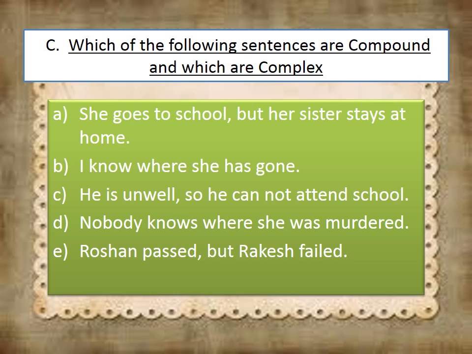This sentence also consists of two clauses: I know, and the second clause is where she has gone. I know is an independent clause and where she has gone is a dependent clause, and it is combined with where, a subordinating conjunction. So it is a complex sentence. And students, you will solve the other remaining 3 sentences in this way only.